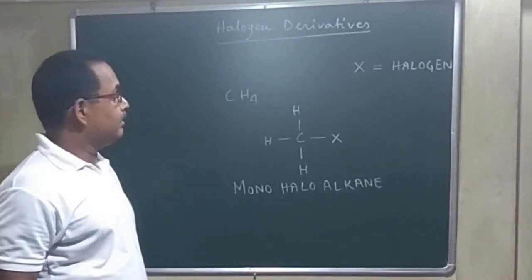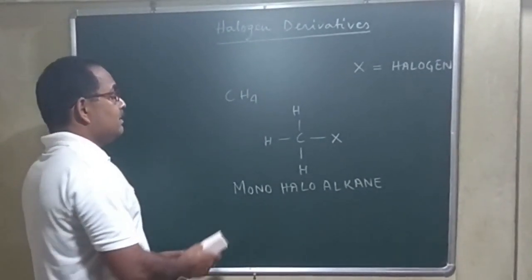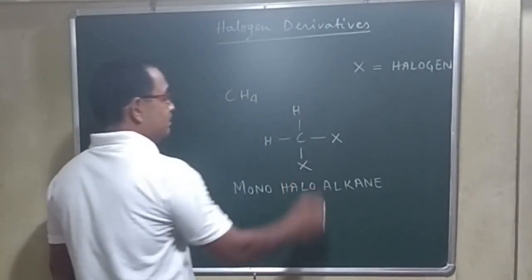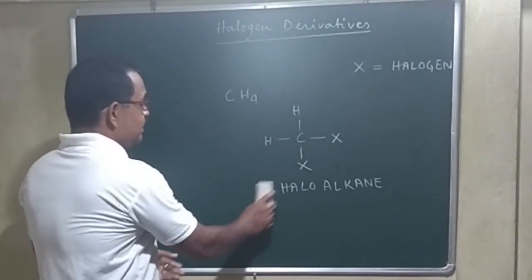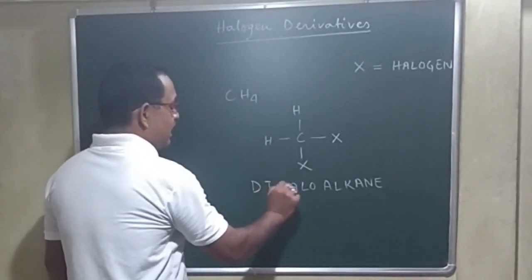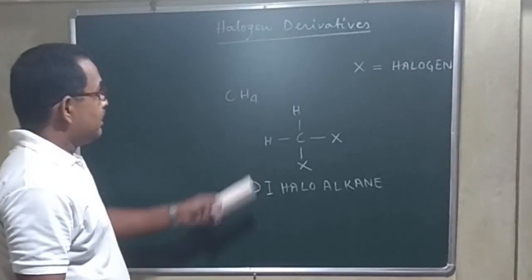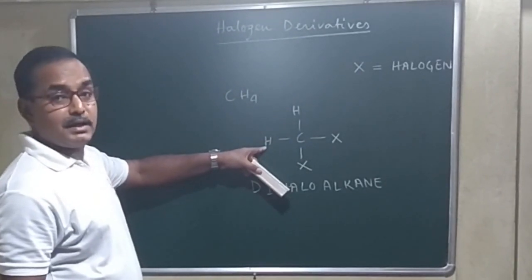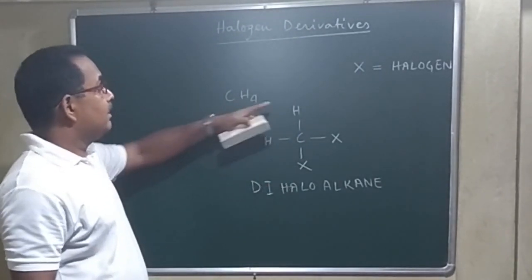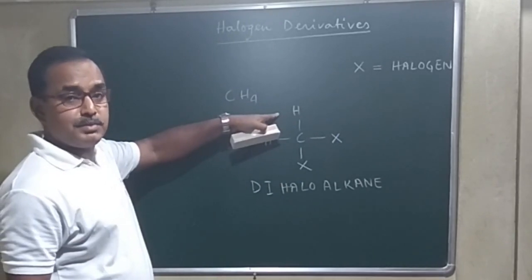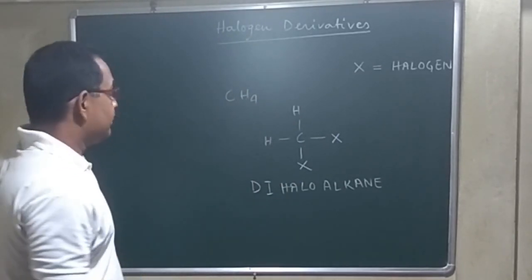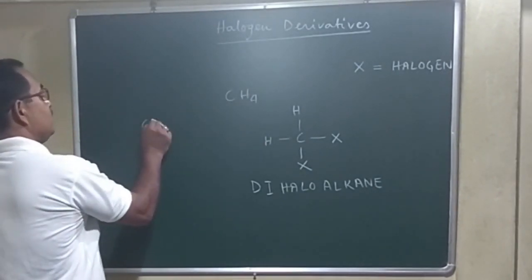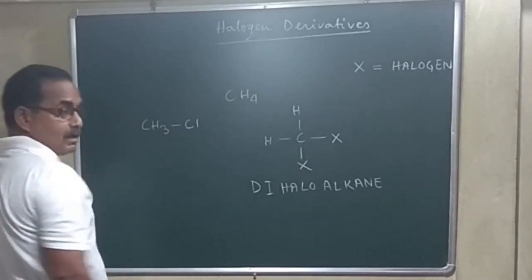Similarly, we may replace two hydrogens. This is a dihaloalkane. In a similar manner, we may replace another halogen. In that case, it will be trihaloalkane. The last hydrogen may also be replaced. This will be tetrahaloalkane.